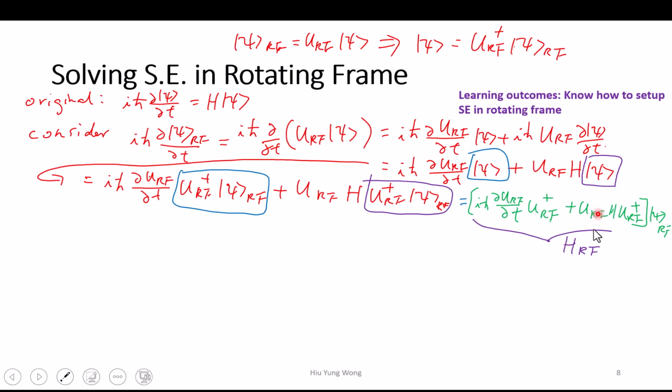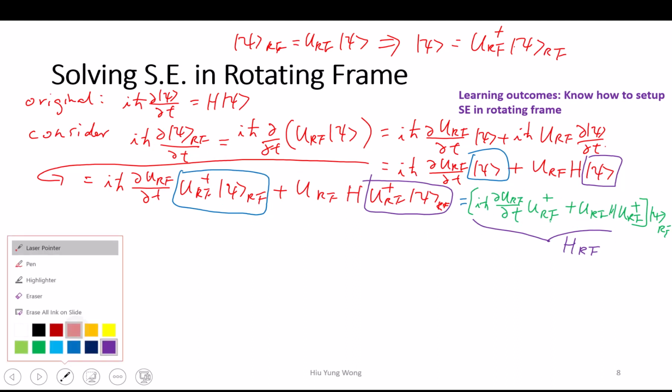It's just a matrix, so you can say that it is the effective Hamiltonian in the rotating frame. Then it becomes a new Schrodinger equation. Now my goal is to solve this equation.